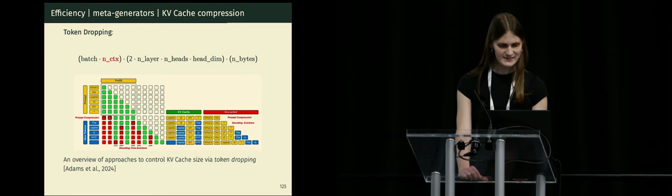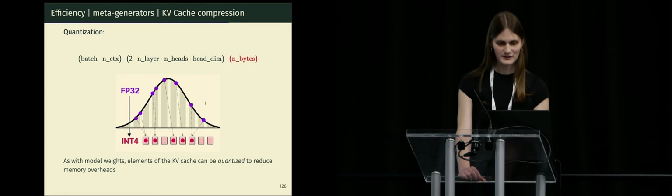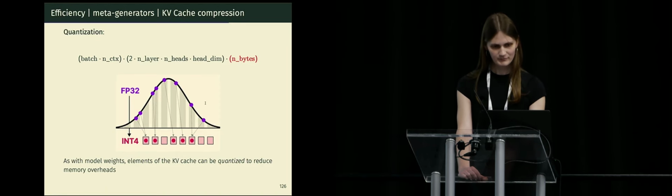This has some downsides in that maybe if we evict the wrong tokens from memory and change the topic of our conversation with the model, or we just try to evict too many tokens, then our generation might become brittle or unable to refer ever to these dropped tokens again since we've gotten rid of their KV vectors, but it can keep KV cache, especially for a long context length, in check.